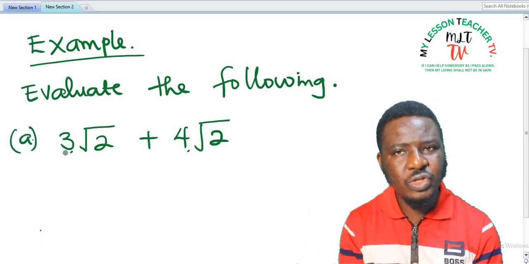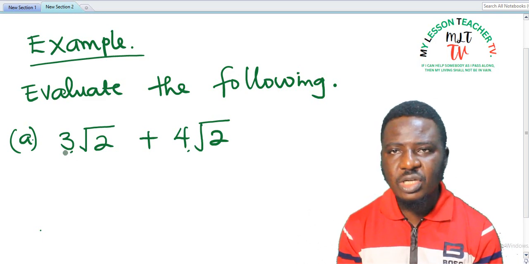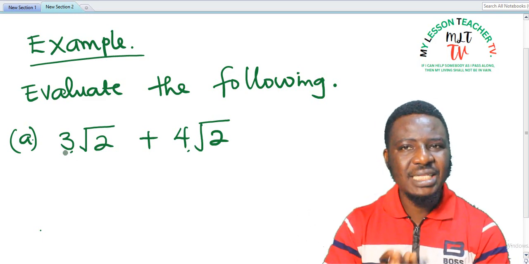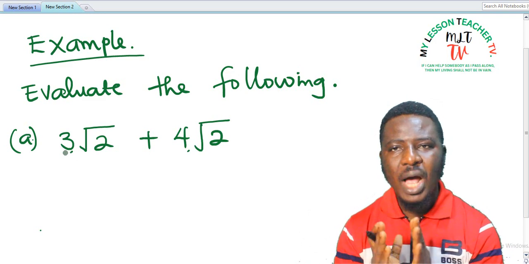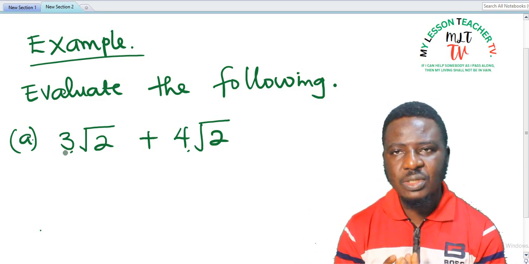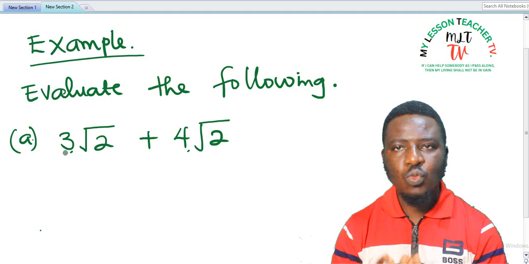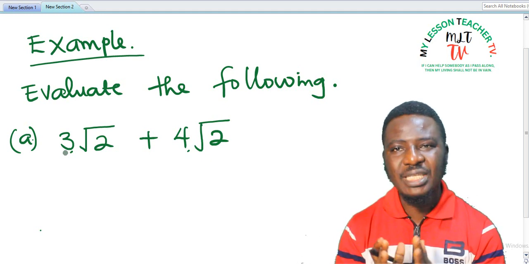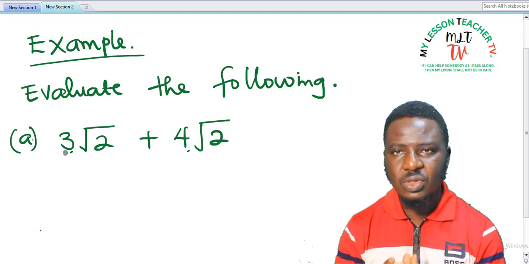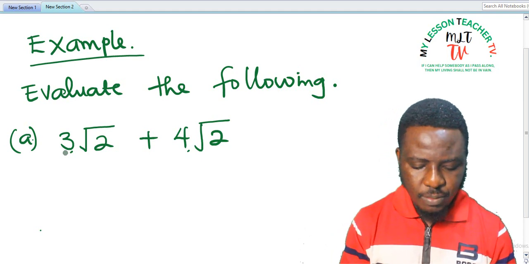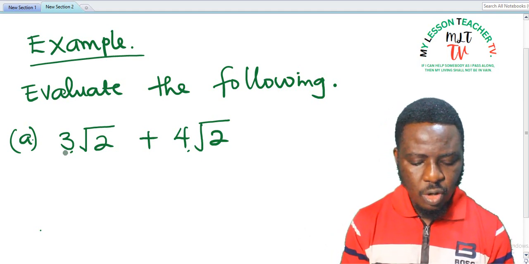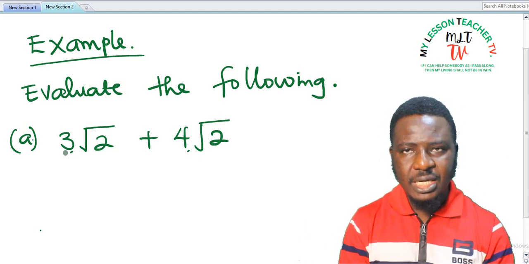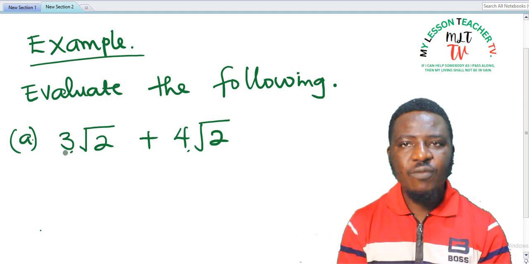So we are not considering the rational numbers, but rather the irrational parts. Once the irrational parts are the same, then you can add them together, or you can subtract one from the other. But once they are not similar, you cannot add them together.